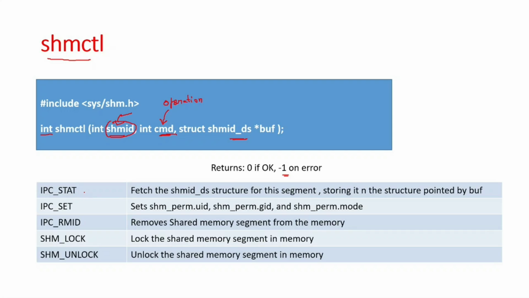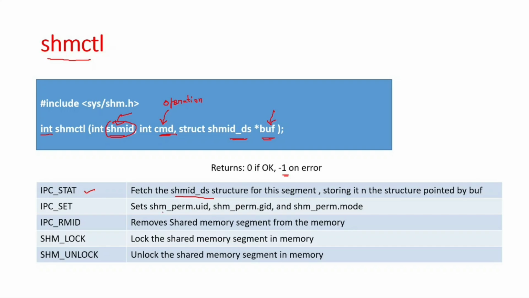The first one, IPC_STAT, is used to fetch the SHMID data structure for this segment and store it in the structure pointed to by the buffer. So it will fetch the data structure for this particular memory segment and store it in the structure specified in the buffer, which is the third parameter, right? IPC_SET will set the three fields pointed to by the buffer in the SHMID data structure associated with this particular shared memory segment.